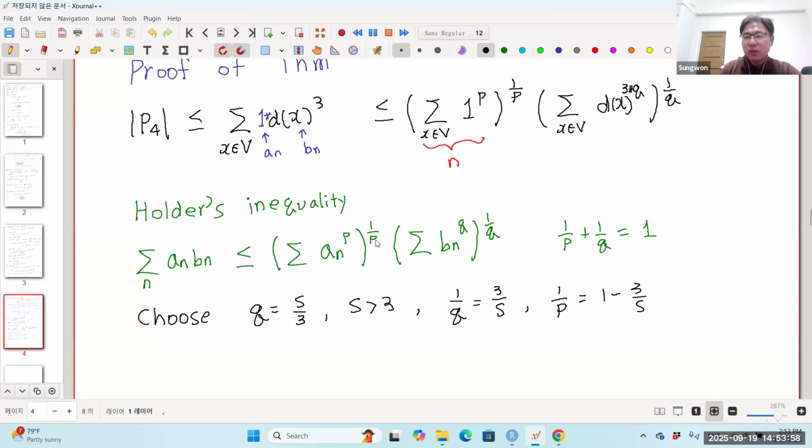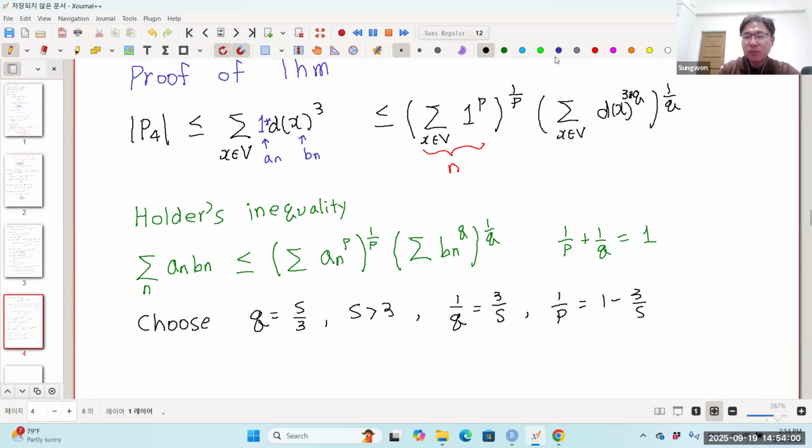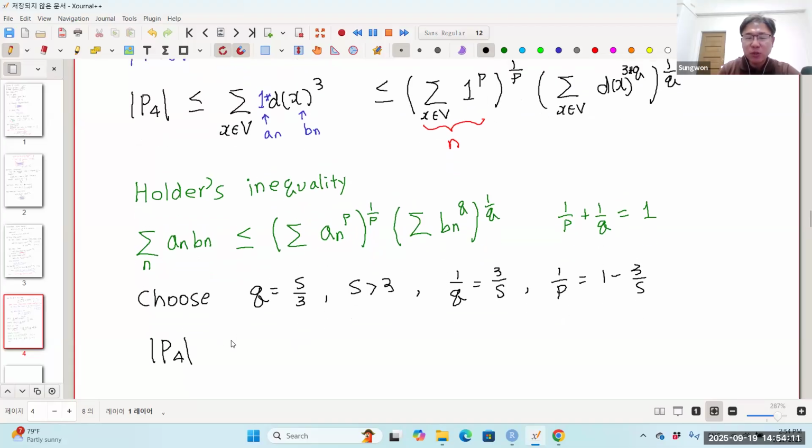So if I use that, now this becomes, so you have P4, and then replacing q and p, and 1 over p and 1 over q, this is what you will get. It will be less than or equal to n to the 1 minus 3 over s, multiplied by the summation of d(x) to the power of s, to the 3 over s.